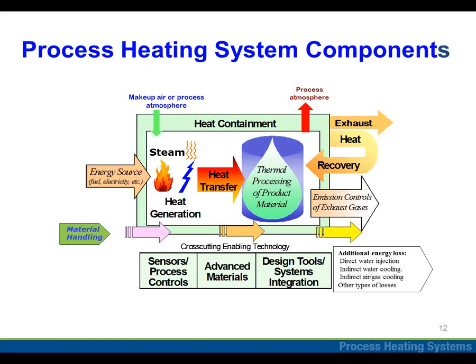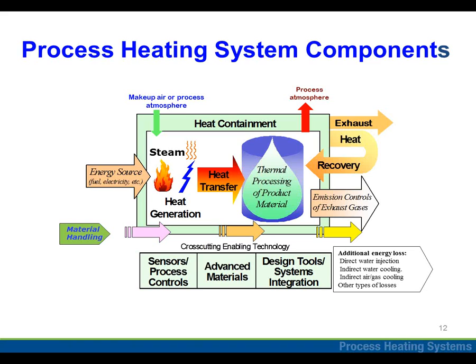In addition to that, we'll have sensors. We have different types of materials, design tools, so on and so forth. There could be other things like water cooling, as in case of walking beam furnaces, other type of cooling, so on and so forth.